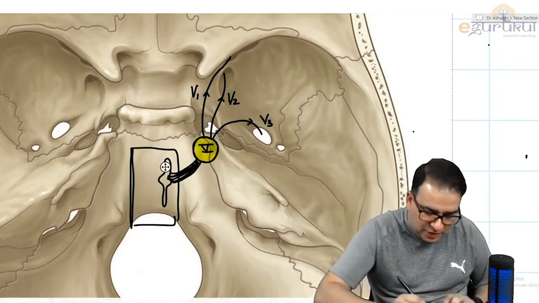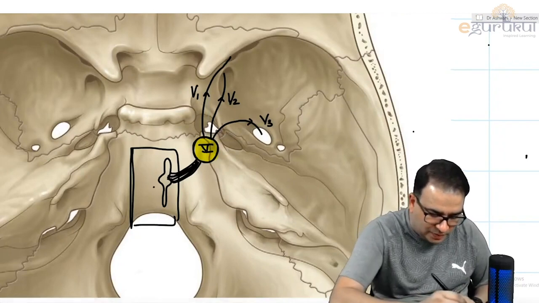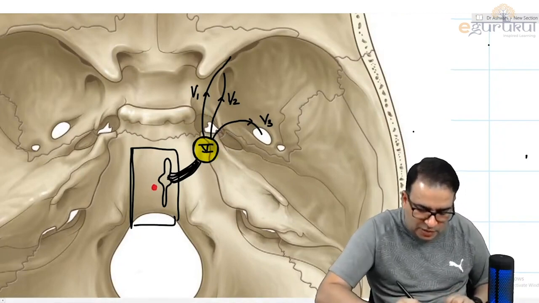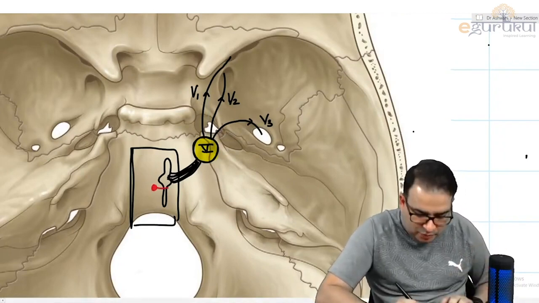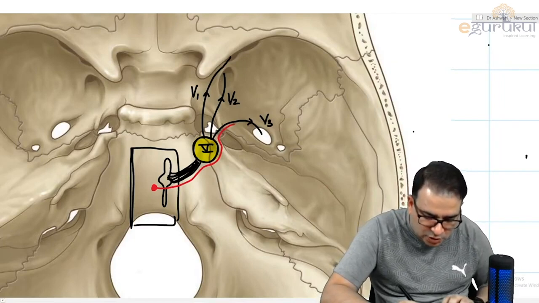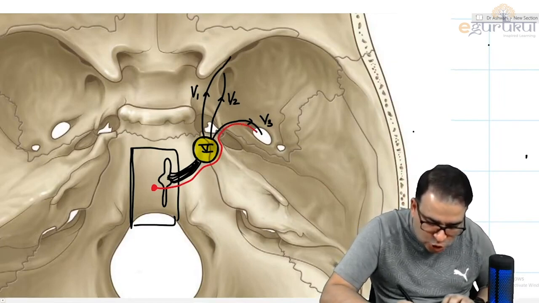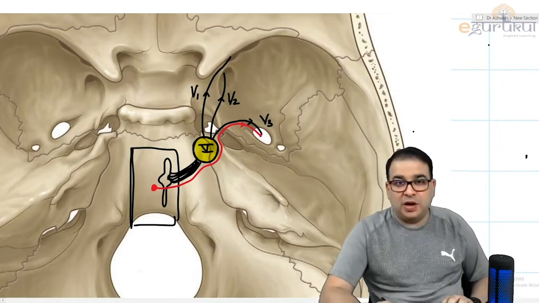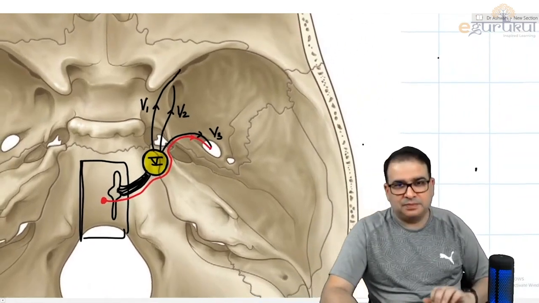But we also said that we have a motor nucleus of mandibular nerve, beta. Motor nucleus of mandibular nerve will come separately, will go close to the ganglion, and then it will run along with the sensory part and join with it at the level of foramen ovale.